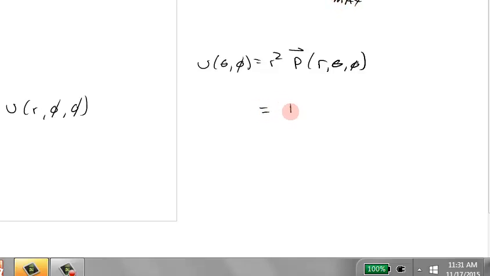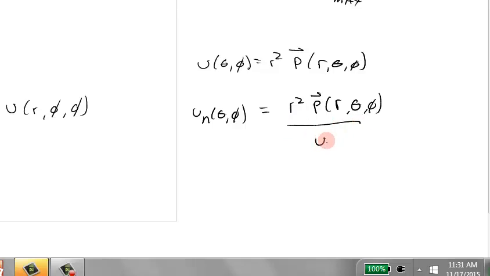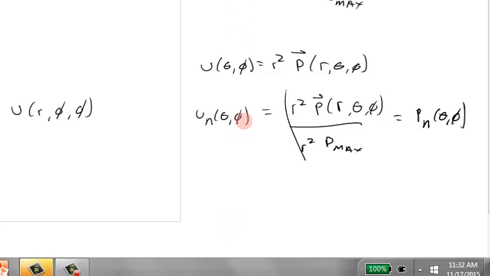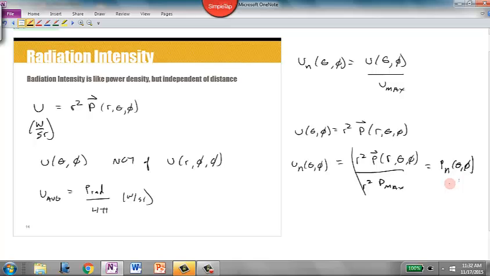So Un of theta comma phi is equal to r squared times the power density function divided by U max. Well, U max is just going to be r squared times P max. And these r squareds are going to cancel out, which is just equal to Pn of theta comma phi. So the normalized radiation intensity is exactly the same as the normalized power density function.